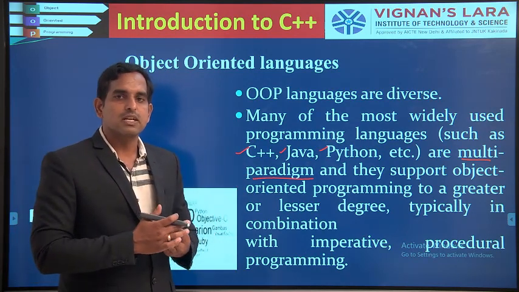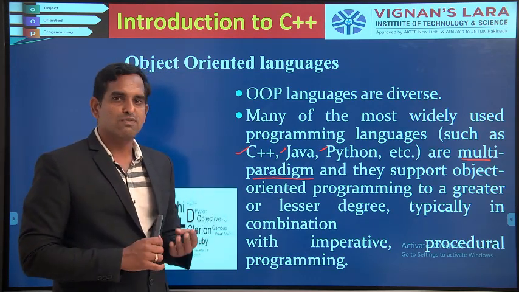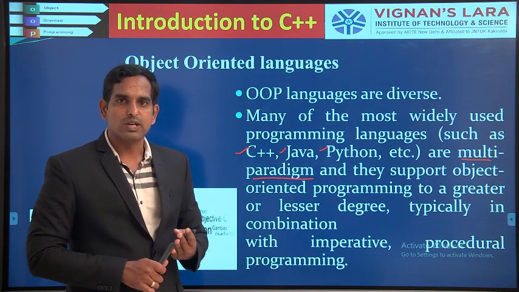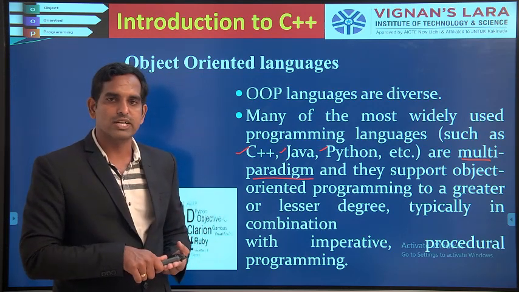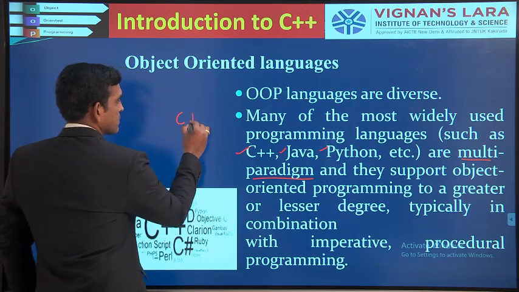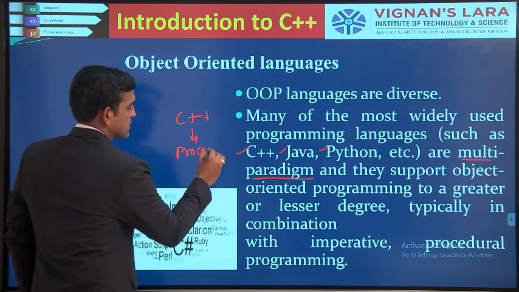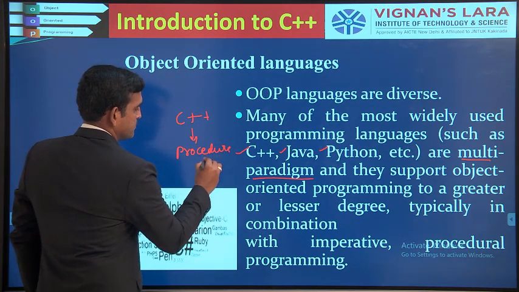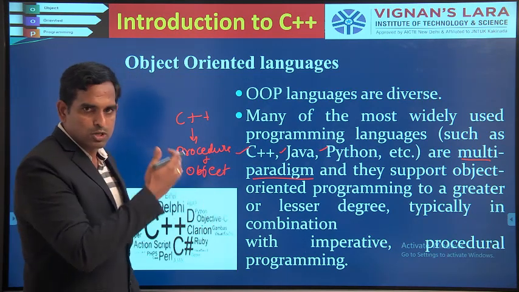Multi-paradigm means they support multiple paradigms. I told you about the four paradigms: monolithic programming, structured programming, procedure-oriented programming and object-oriented programming. C++ is usually both procedure-oriented as well as object-oriented. It will support both paradigms.